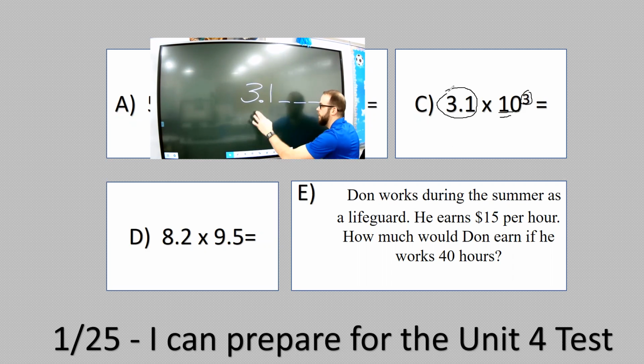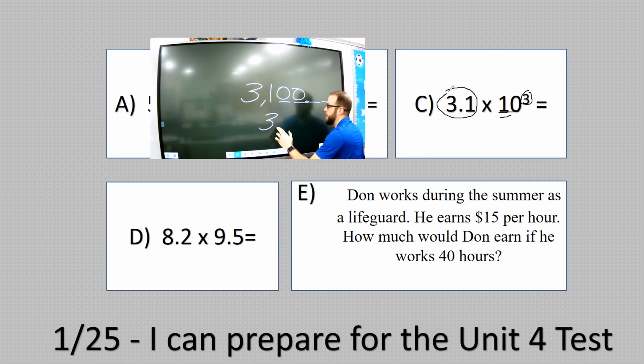When you have 3.1 and you're getting multiplied by 10, every time something gets multiplied by 10, it pushes your decimal over. So it's getting multiplied by 10 once, twice, 3 times. So when 3.1 gets multiplied by 10 to the third power, it turns into 3,100.